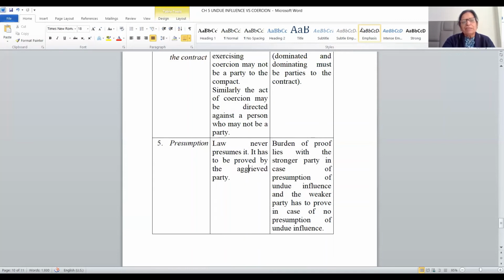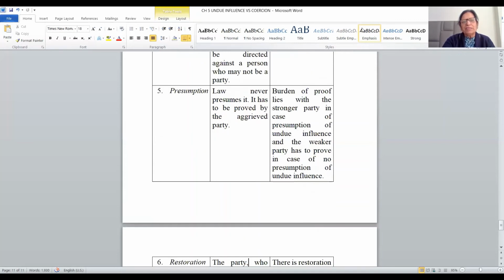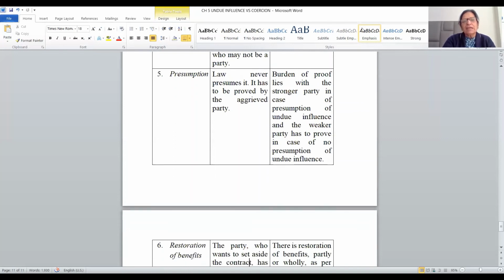And then presumption. Law never presumes it. It has to be proved by the aggrieved parties. But I have talked about presumption cases in the case of undue influence. Presumption cases were a contract made with a pardanashin woman, or fiduciary relationship, or whenever there is an unreasonable transaction, unconscionable or unreasonable transaction. So the burden of proof lies with whom?